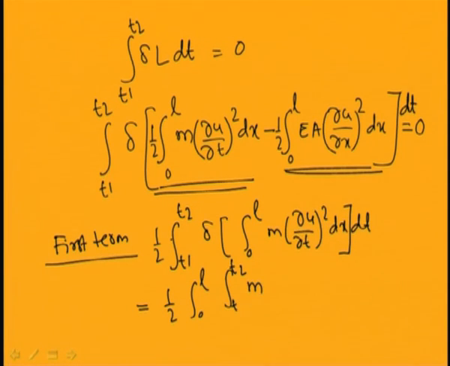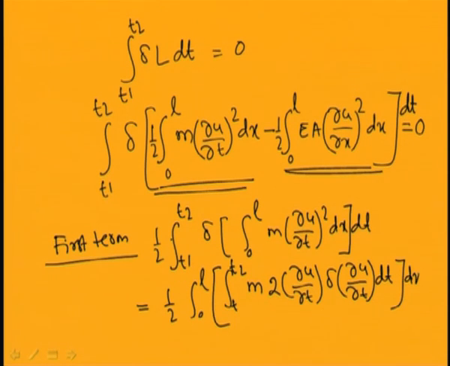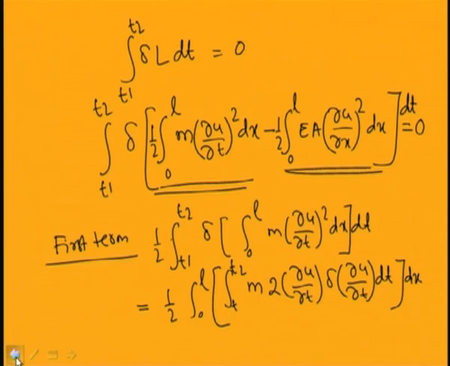T2 m. By applying this del operator I can write this equal to 2 into del u by del t into del of del u by del t dt and dx. So, this is equal to half integral 0 to L integral T1 to T2, and the 2 cancels.